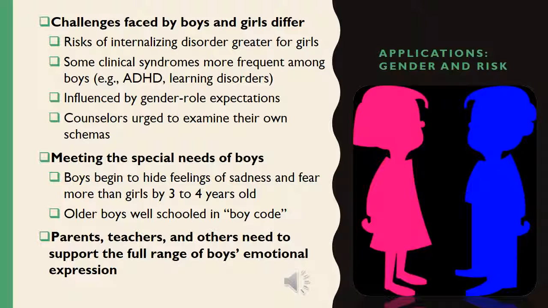So I think we as counselors have the challenge of addressing our own schemas and our own perceptions and our own ideas when clients are coming in to see us.